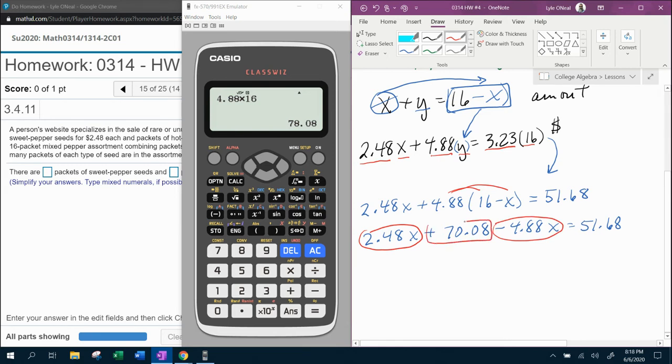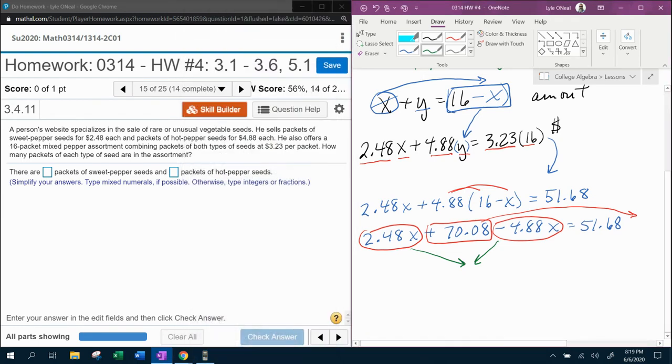Now, combine like terms. We're going to take the 70.08 and move it over. We're doing two things in one step here. When I combine these like terms, using the calculator, that's 2.48 minus 4.88, which is negative 2.4.